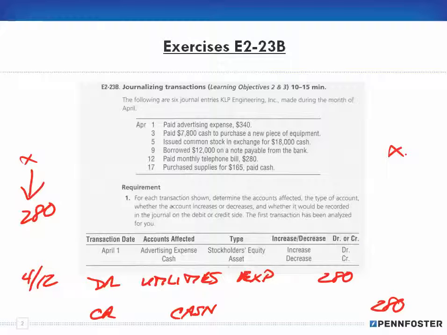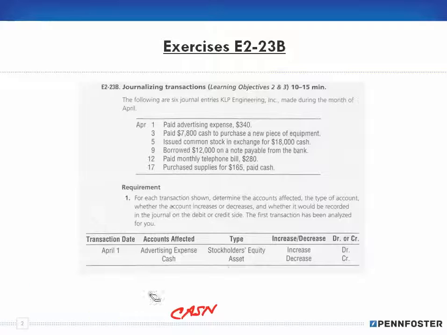So if our utilities expense was this amount before, and now we're paying the bill, that means we incurred an additional $280 in expense, so that's an increase for our telephone expense, or for our utilities expense, I'm sorry.